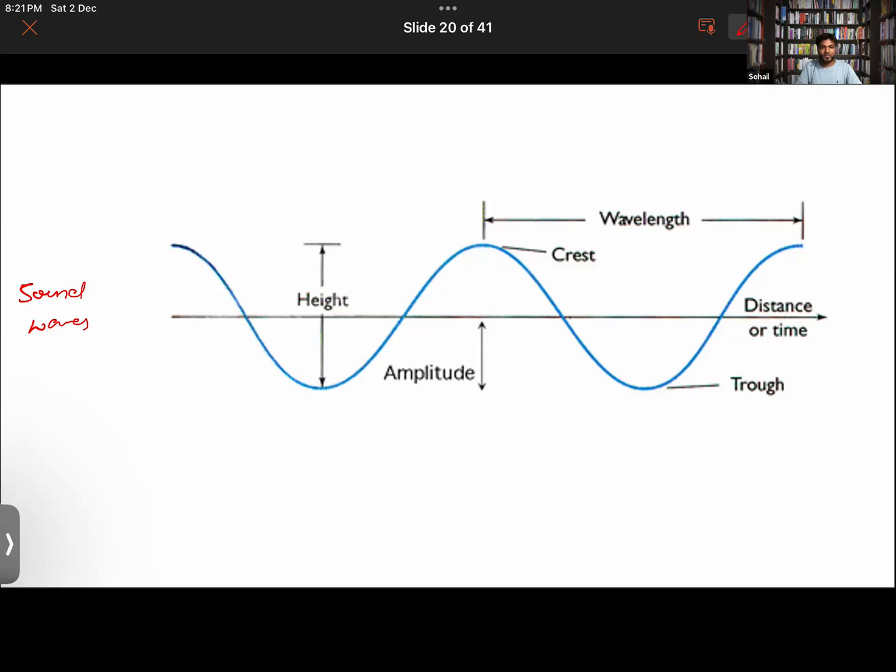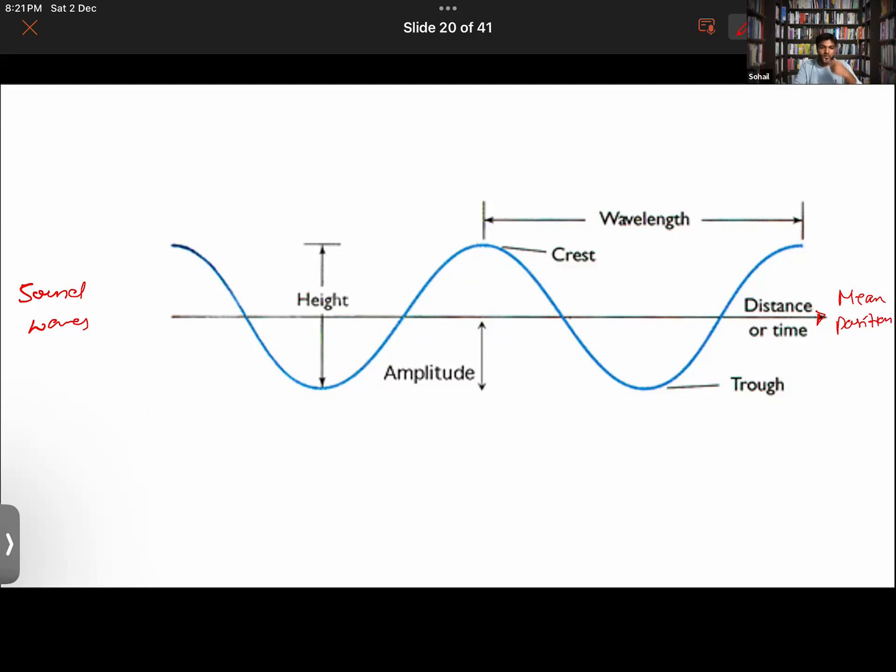So this, the pathway in which it is moving, we will call it as a mean position. हम इसे mean position कहते हैं, right?